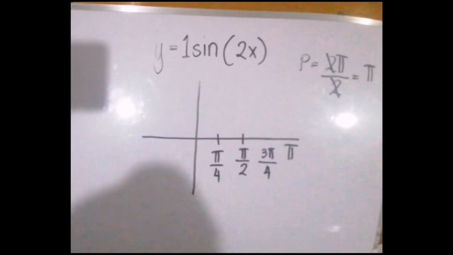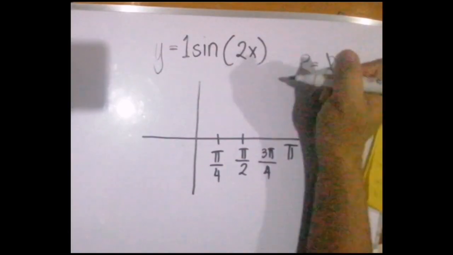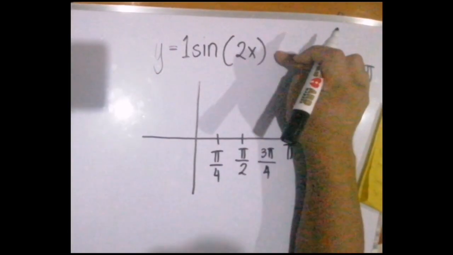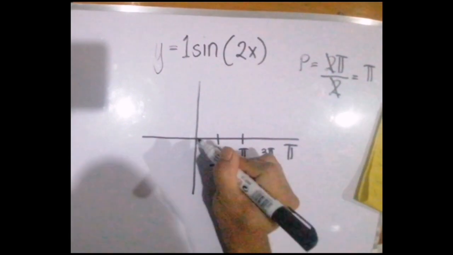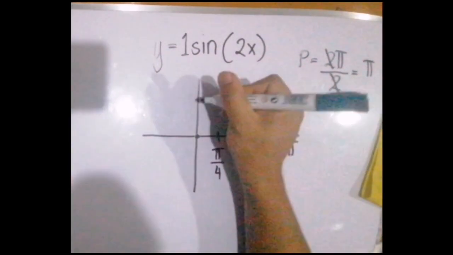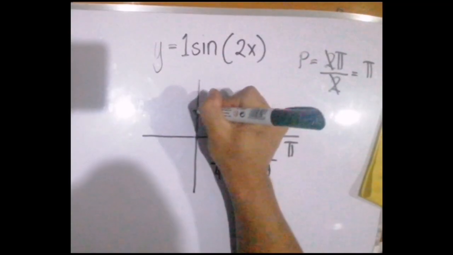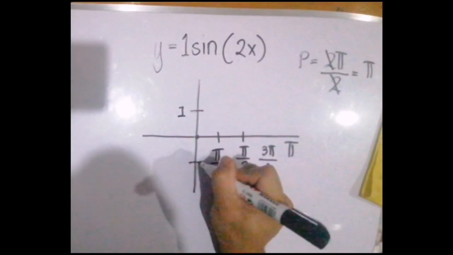The next step is to identify any shift caused by c and d. Since there is no vertical shift, we're going to start with a 0 here. So our upper limit is +1 and the lower limit is -1.